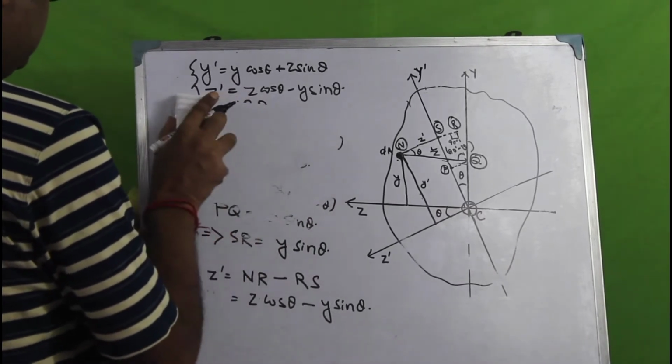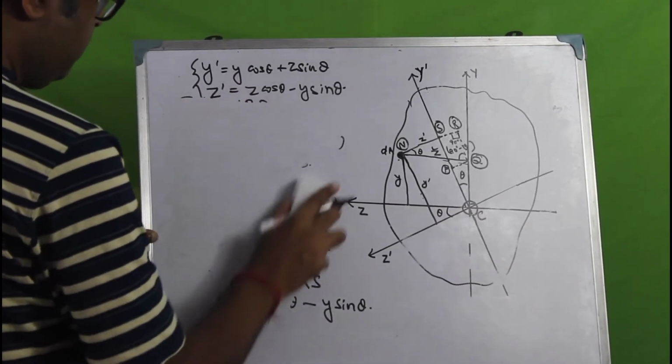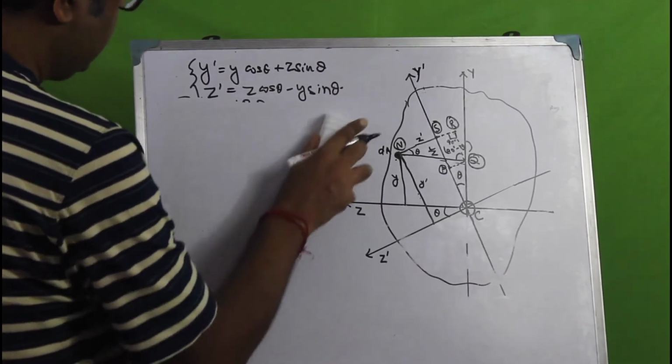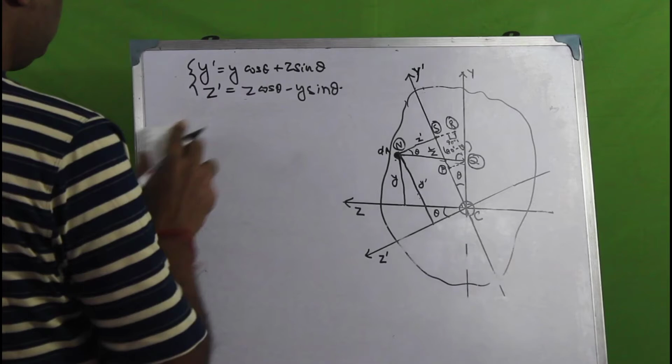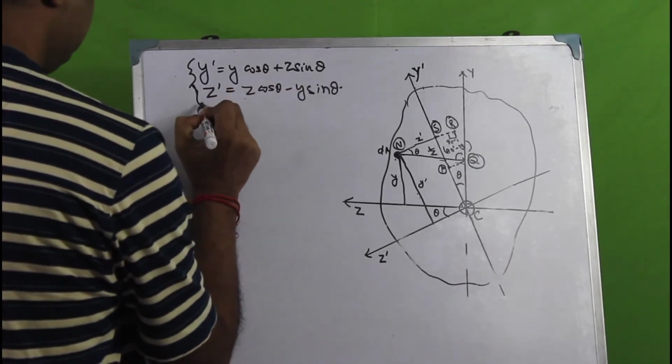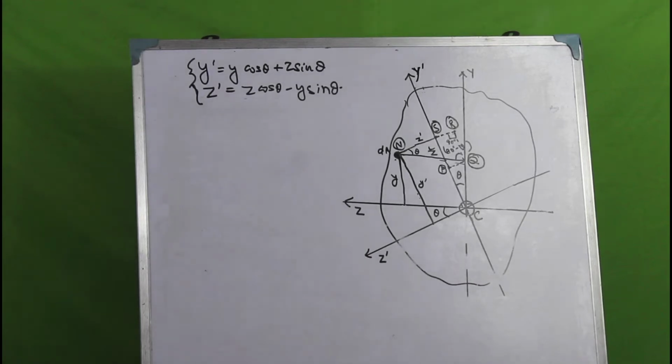So we retain these values. We have now proved that Y dash equals Y cos theta plus Z sin theta, and Z dash equals Z cos theta minus Y sin theta. Now in our calculation, what do we intend to find? What are the values that we know?